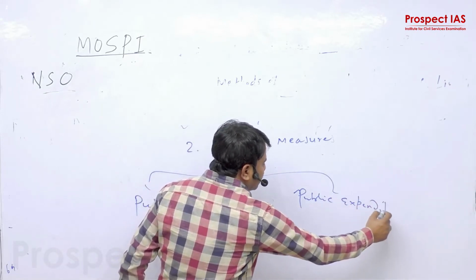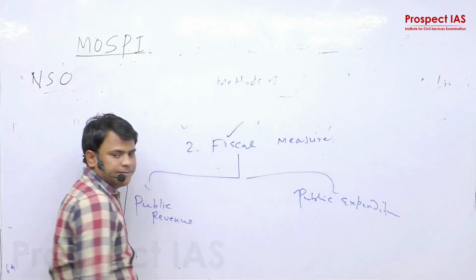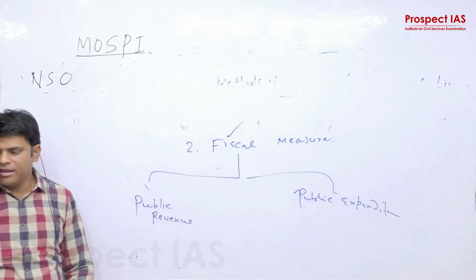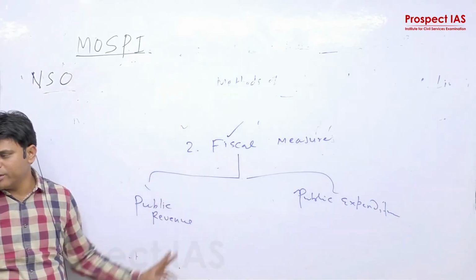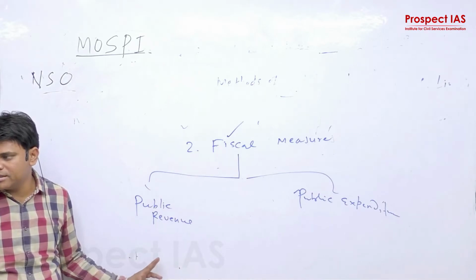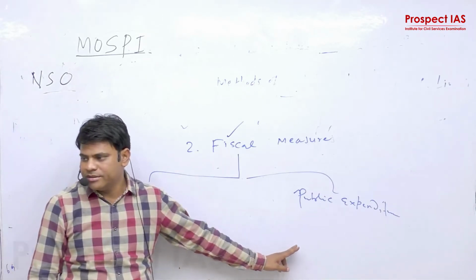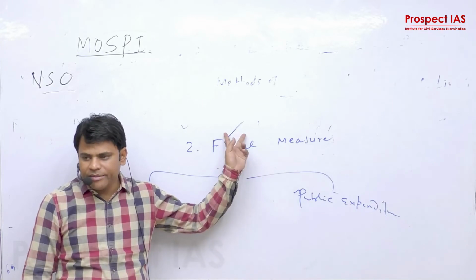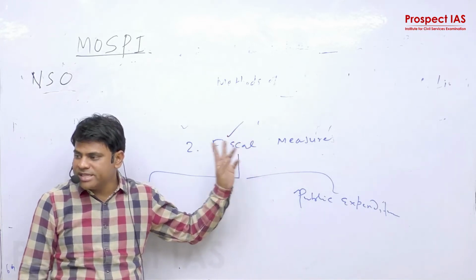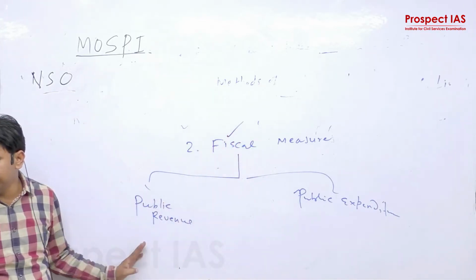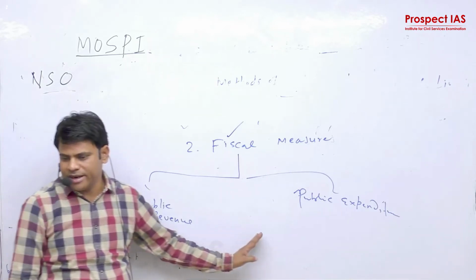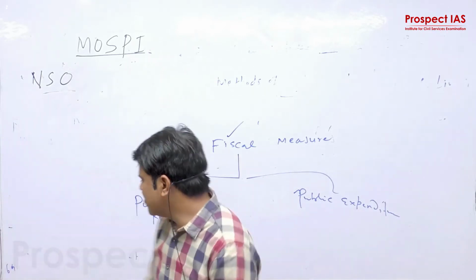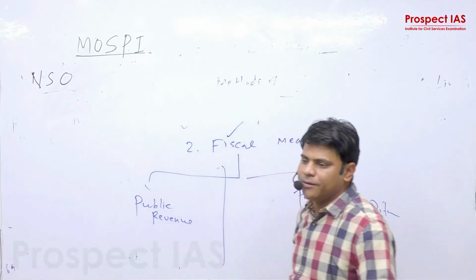These are two important components of fiscal policy, right? In the fiscal policy of the government, you have two important things: the revenue of the government and the expenditure of the government, right? So under fiscal measures, the government changes its policy relating to its revenue and its expenditure, right?